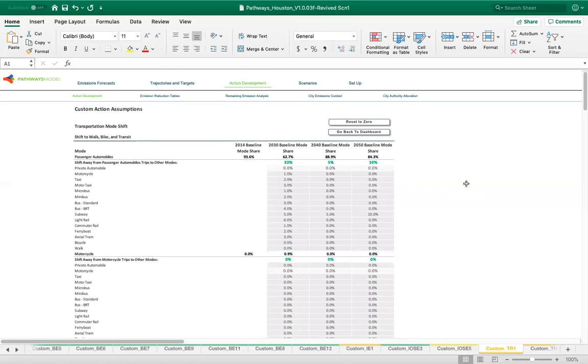So if you have done the analysis outside and you have a very good sense of, for the sake of argument, what the mode shift is likely to be, or the vehicle efficiency limits that you've identified, you have the ability to specify those within the model, and it will reflect those as it renders the wedge diagram.